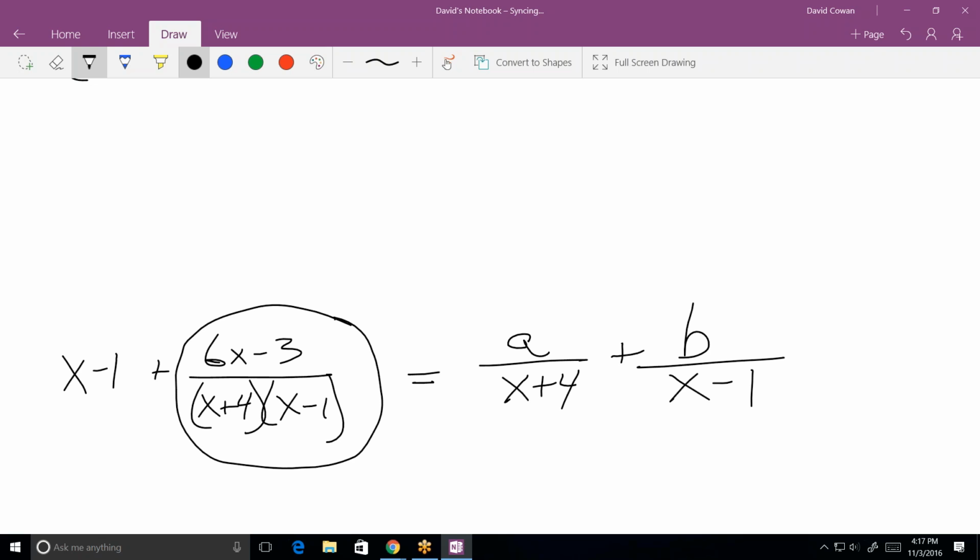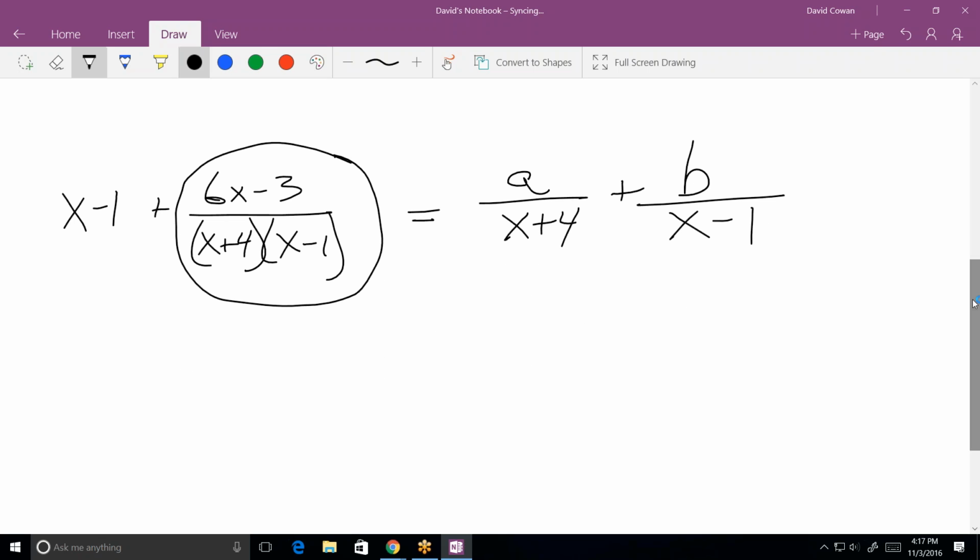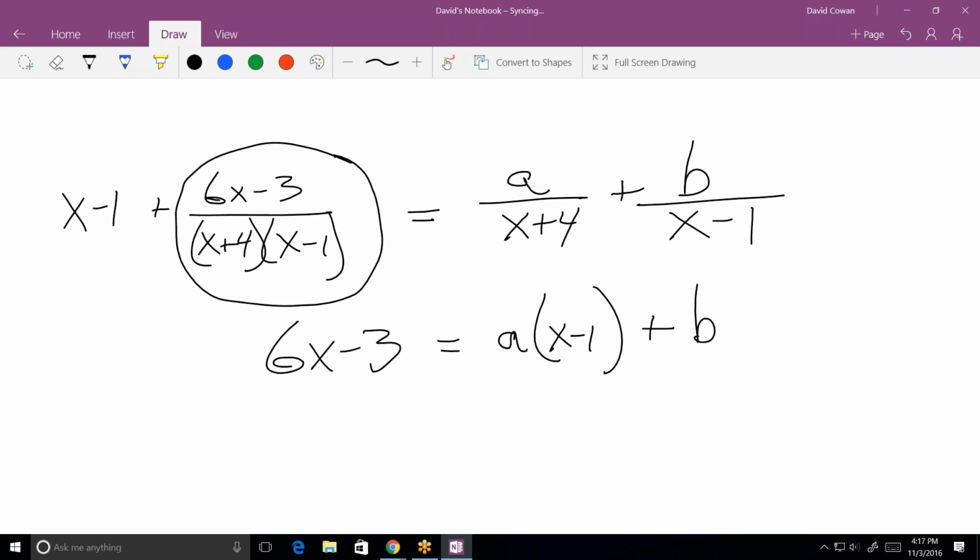But now we can say that 6x minus 3 has to equal A times x minus 1 plus B times x plus 4. Now you see what I did there? I didn't even bother to put the common denominator in it. When it's a simple one like this, it's always A times that denominator plus B times that denominator.